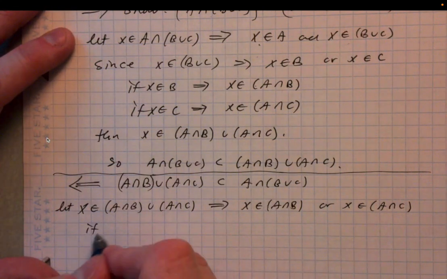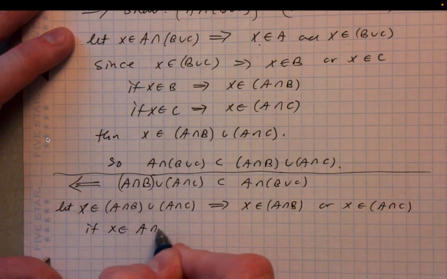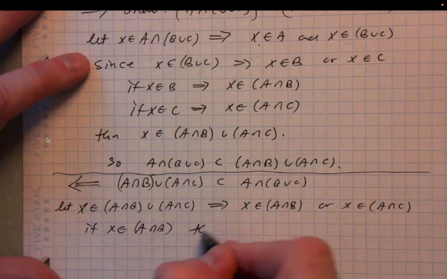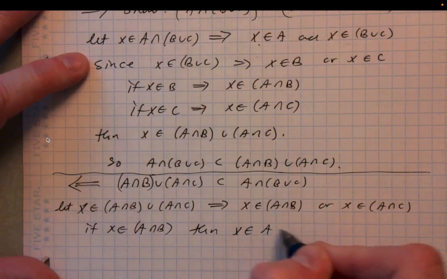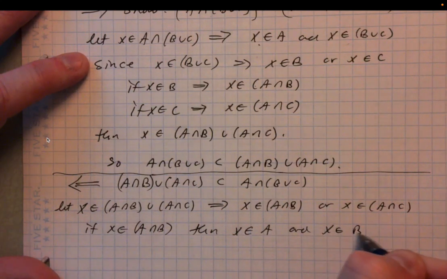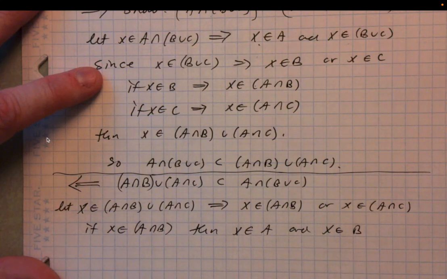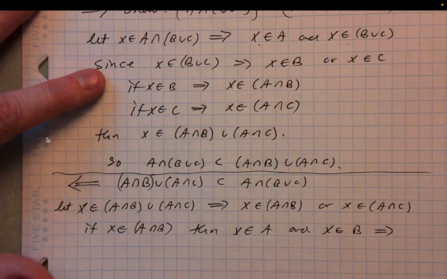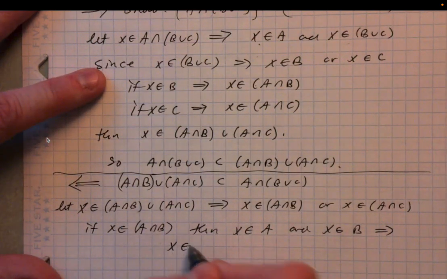So if X is in A and B, then X is in A and X is in B. And what this implies then is that X is therefore in B or C, right?